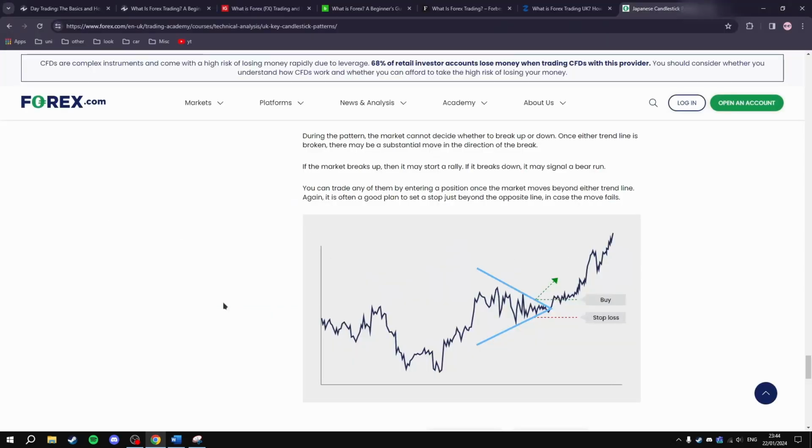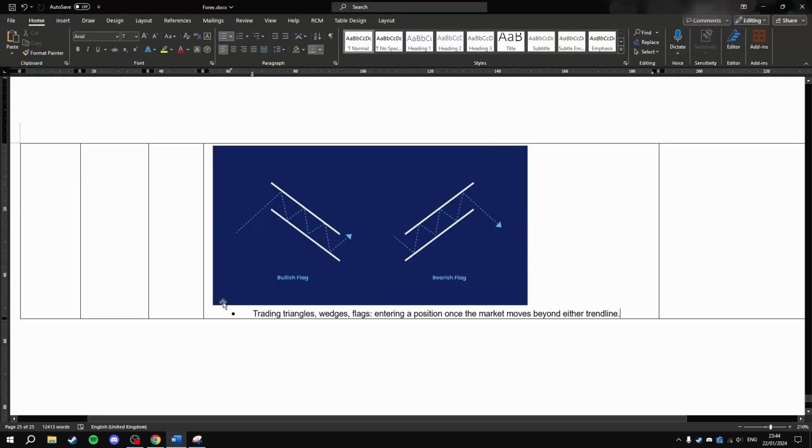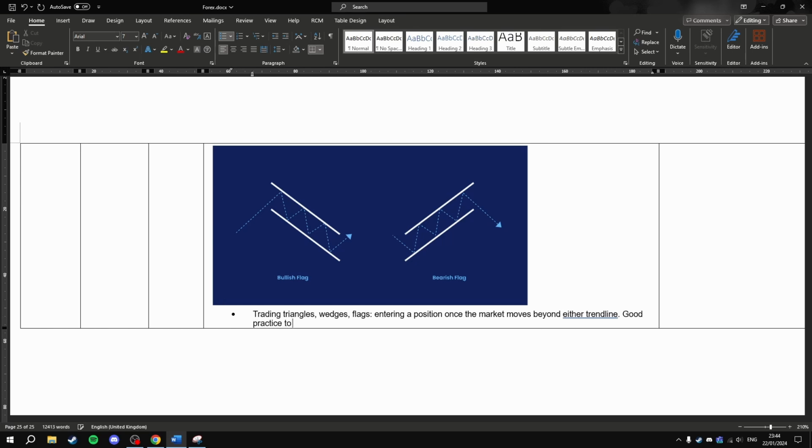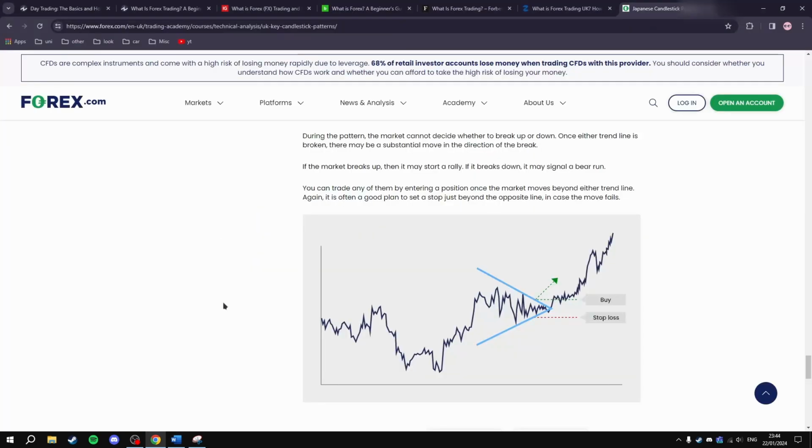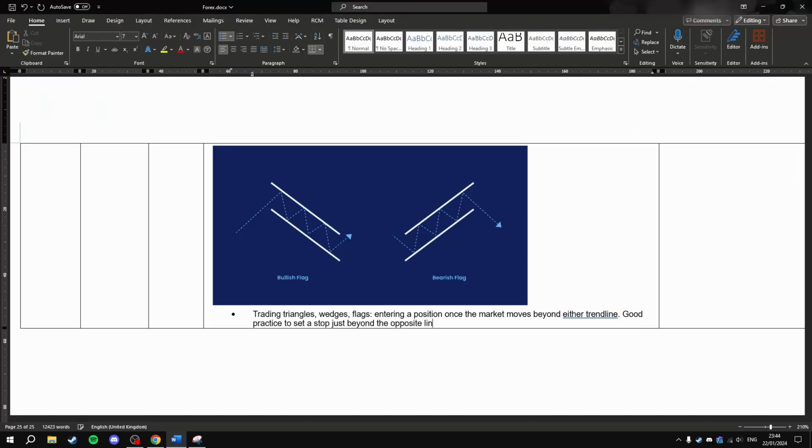Again, it is often a good plan to set a stop just beyond the opposite line. Good practice to set a stop just beyond the opposite line.